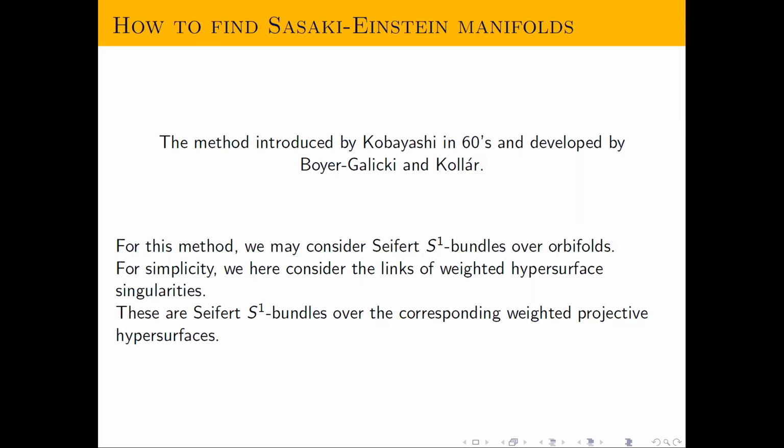For this method, we consider circle S1 bundles over an orbifold, but for simplicity in this talk, we consider only links of weighted hypersurface singularities. These are simple examples of circle S1 bundles over the corresponding weighted projective hypersurface.